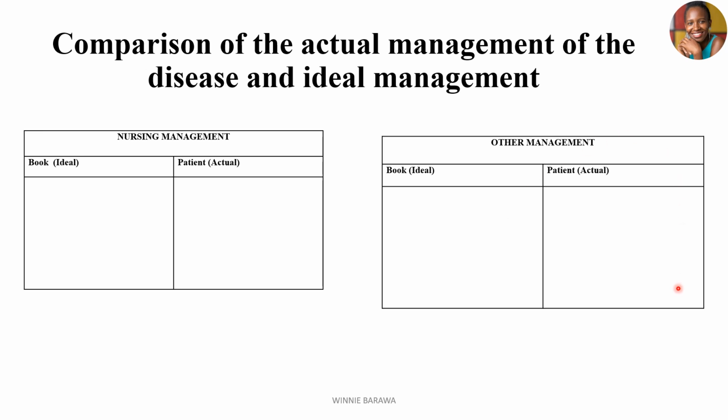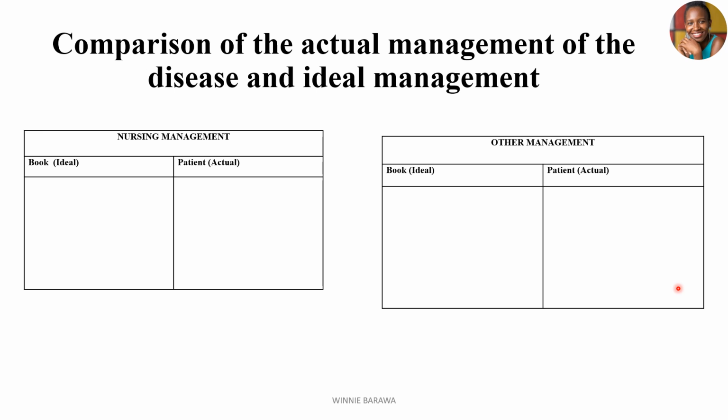So I find this intriguing, because majority of the time when you're told to do this comparative stuff, we don't pull it the way we expected to do it. So if you're able to do this, you are way ahead of most people who just do a patient admission and leave it there. Then they go to patient literature and just describe the disease alone, and they don't do the comparative aspect, which I feel is the most important bit, because this is the bridging gap between the ideal and the actual.